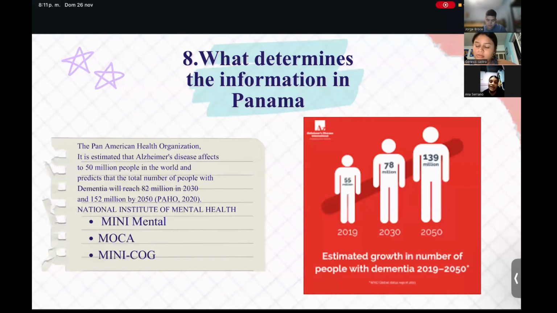MoCA is an instrument that evaluates attention and concentration, executive function, memory, language, visuospatial skills, reasoning, conceptual thinking, calculation, and orientation. A cognitive screening test is used for the diagnosis of Alzheimer's and other dementia in primary care.